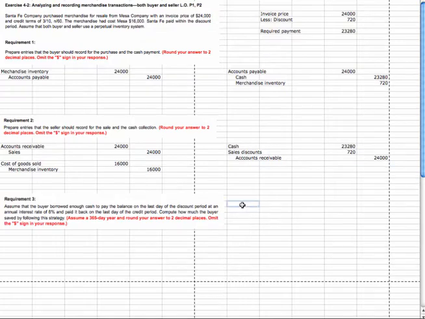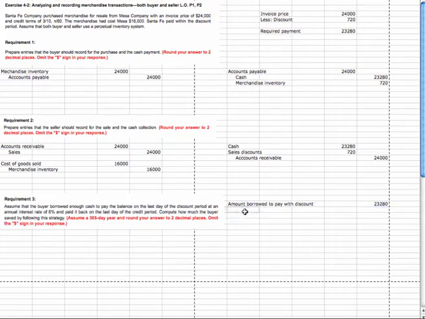Let's ask the question, how much money do we have to borrow? Well, we have to borrow the $23,280. So let's put $23,280 here.